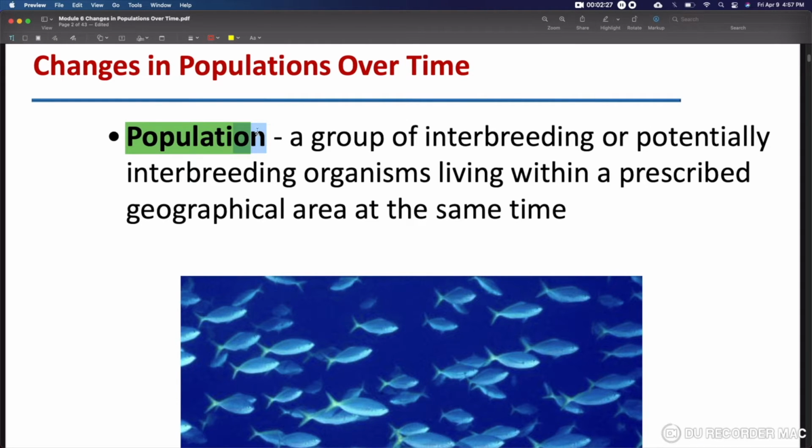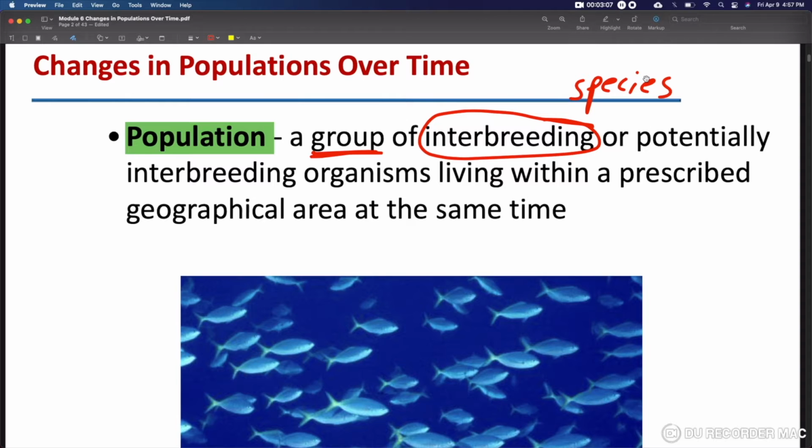If you remember our hierarchical system back then, when we say population, we mean a group of interbreeding or potentially interbreeding organisms. The keyword there is interbreeding, because when we say interbreeding, they come from the same species. When we talk about population, we talk about those belonging to the same species that can interbreed with one another.